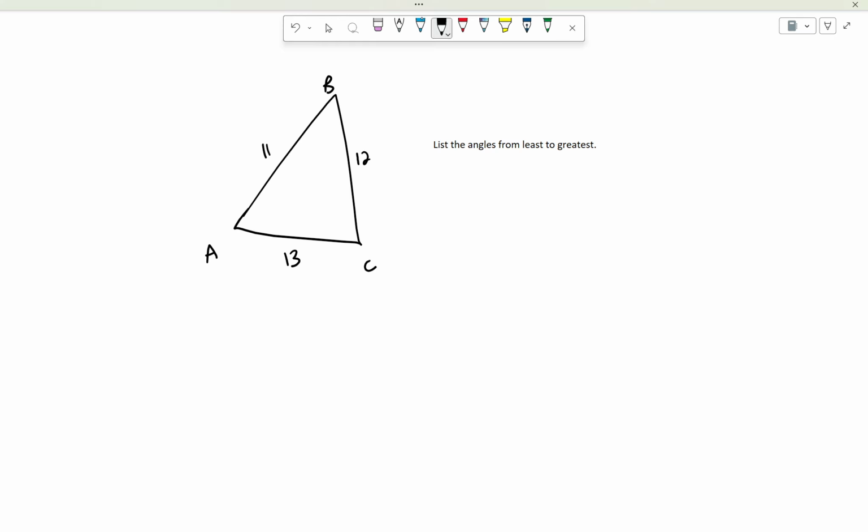From least to greatest, we need to find the least side, that's AB, and that's opposite angle C. Next is the 12, which is opposite angle A. And then the 13 is opposite angle B. So C is the least, A is the middle, B is the greatest. Hope you guys are hoping for a lot of these types of problems.